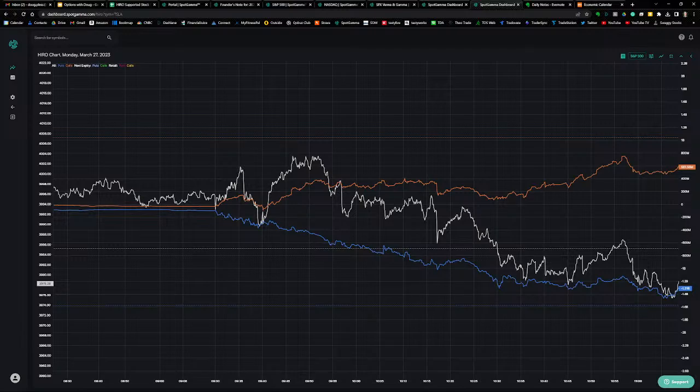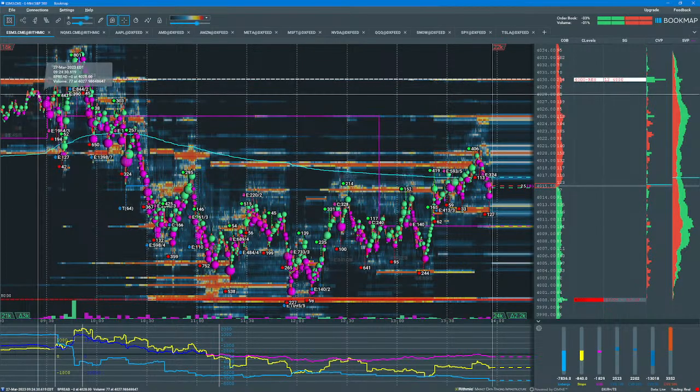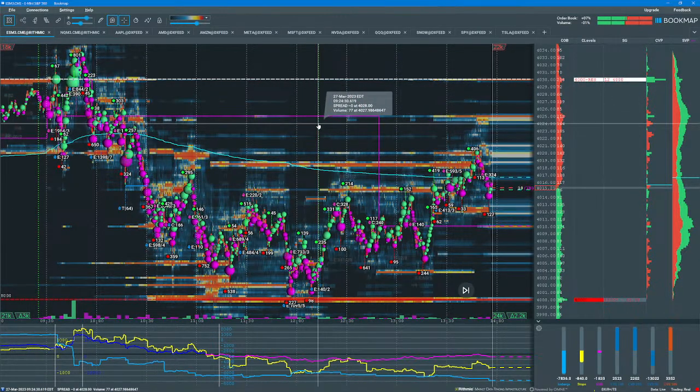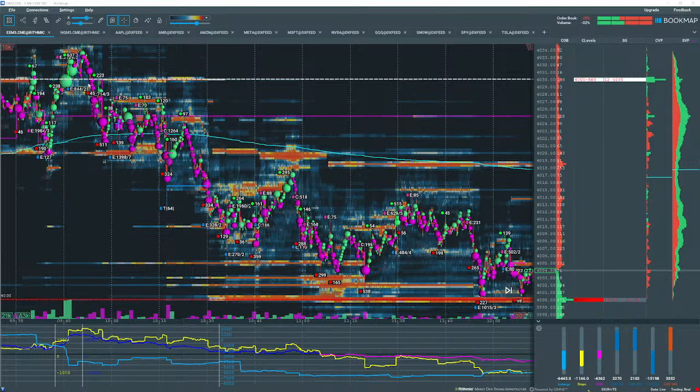And let's go back to Bookmap now. I'm going to zoom in on the morning. So we know that traders again were taking negative delta positions. And you can clearly see the shift in order flow here. Note the shift from green dots, market buy orders, aggressive buyers, to pink dots, right at the resistance level, 4,000, just above that level.